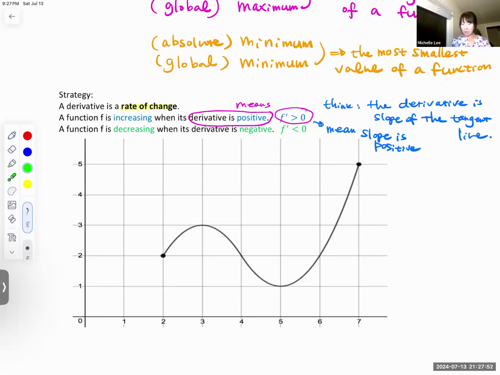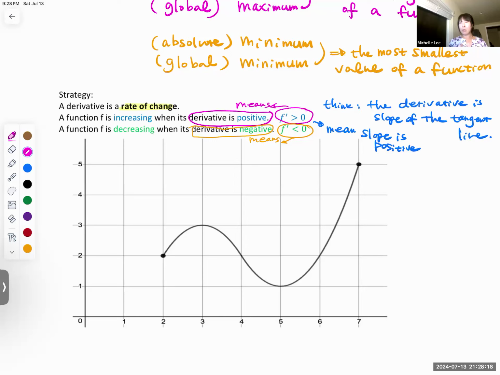F prime is the derivative, so f prime less than 0 means the derivative is negative.